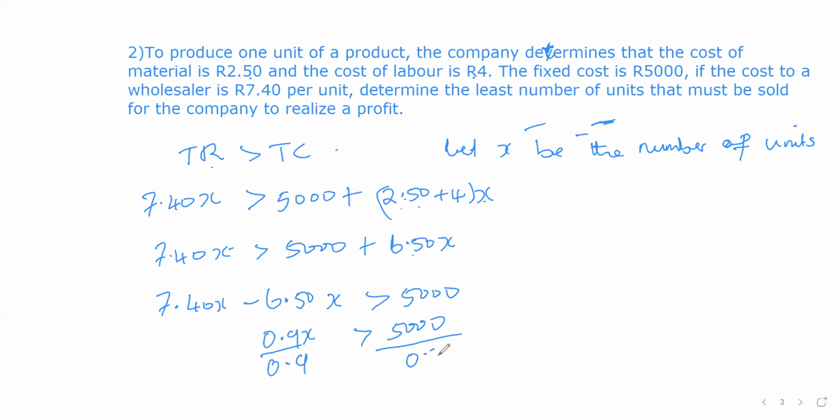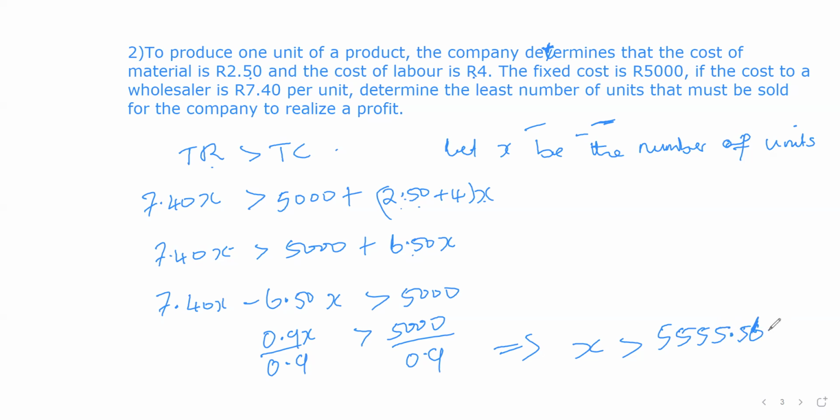So we divide both sides by 0.9, and we have X greater than 5,000 divided by 0.9, which is 5,555.56, which we round to the nearest unit.